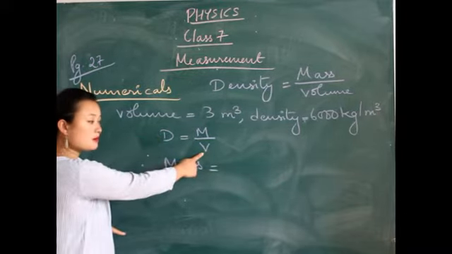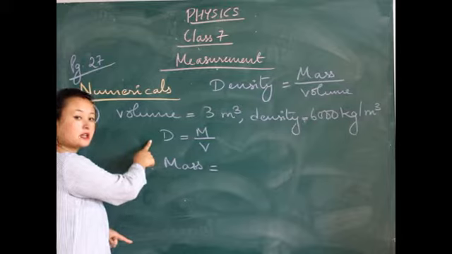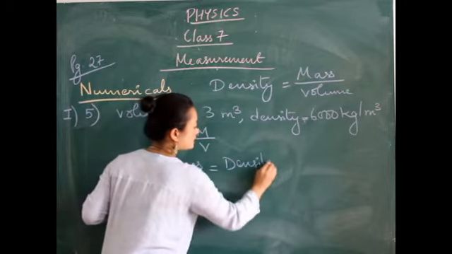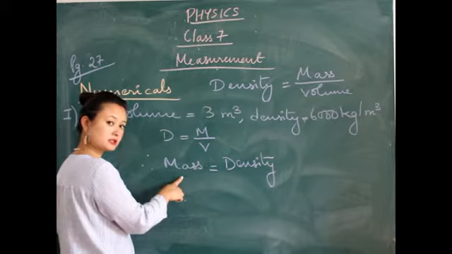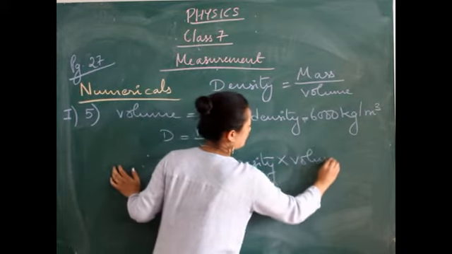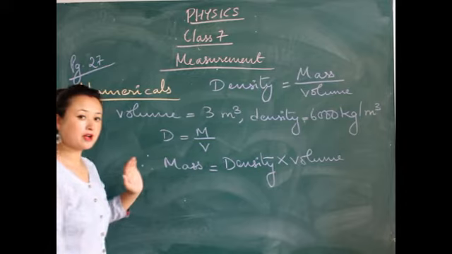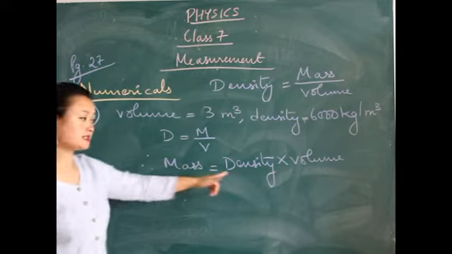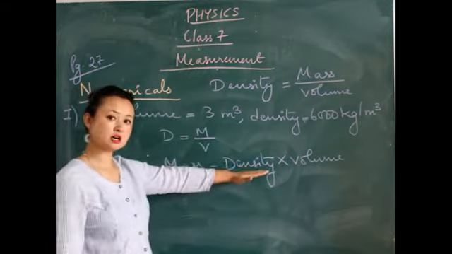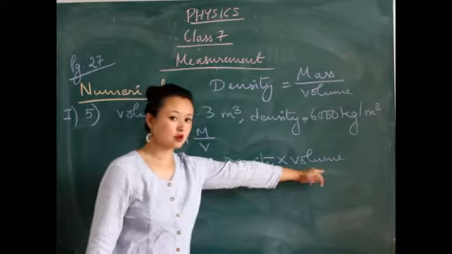Volume is in the division form, and when it changes its place, it becomes a product. So when you have to calculate mass and density and volume are given, you simply need to find the product of density and volume.